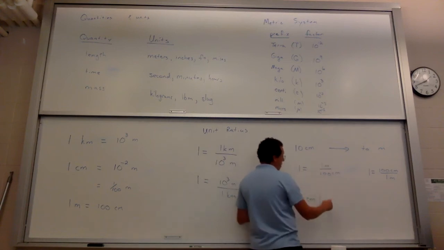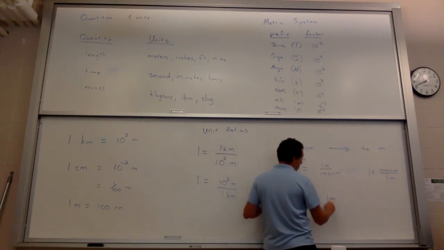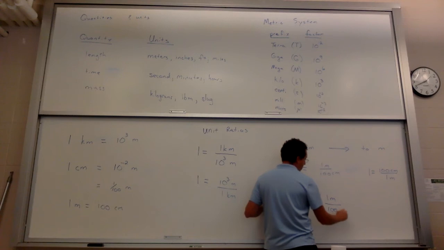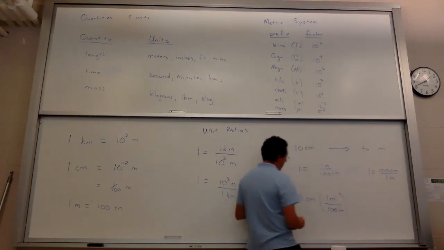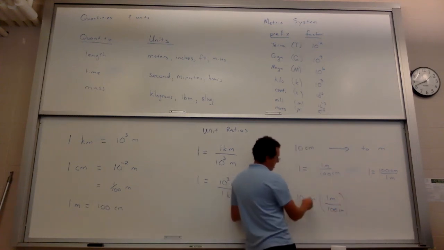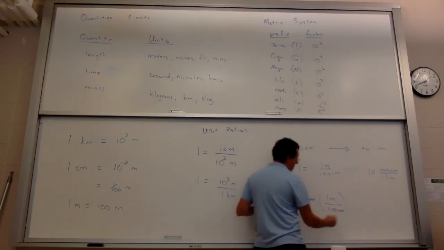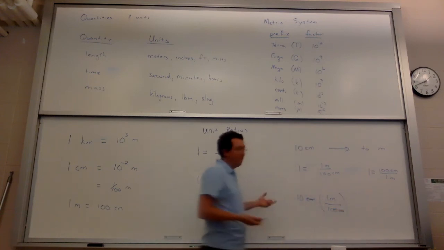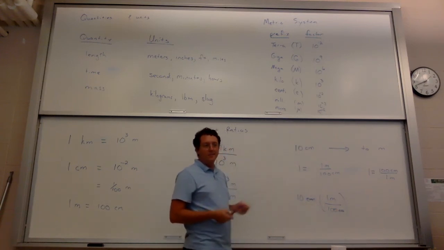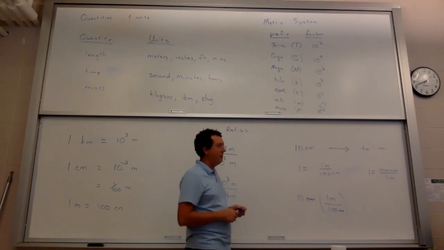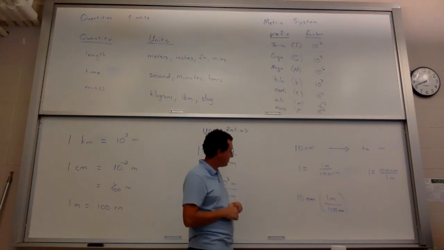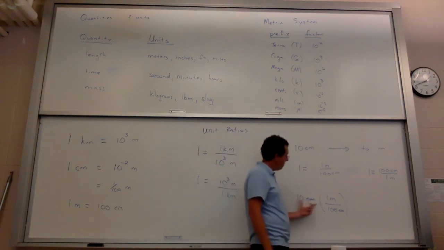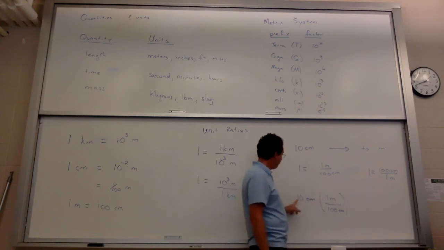So I multiply by 1 meter divided by 100 centimeters. And look what happens. The units, centimeters, cancel with units, centimeters. You can just treat them like any other numbers, in that sense. They're just labels. And when I do that, I'm left with 10 divided by 100.